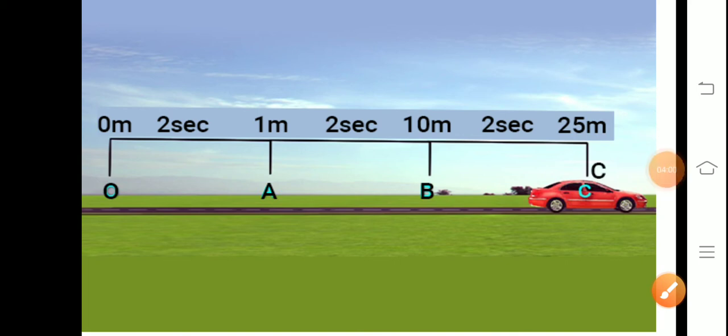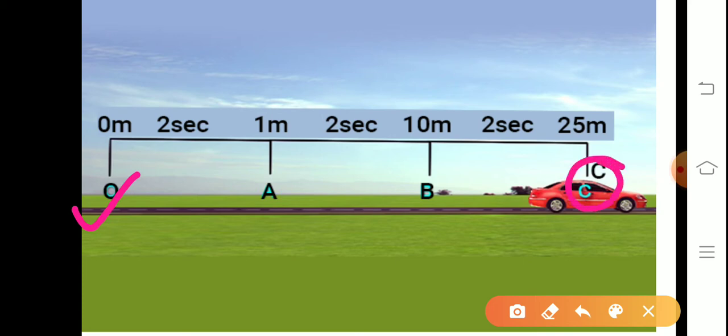Here consider a car that moves from O to C, about 25 meters distance within 6 seconds, right? Here the car starts from O, and after 2 seconds it reaches position A covering 1 meter.